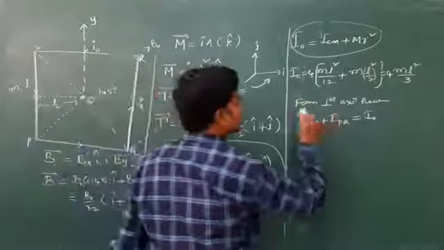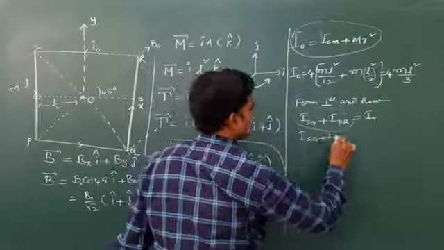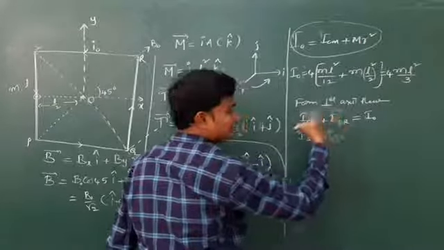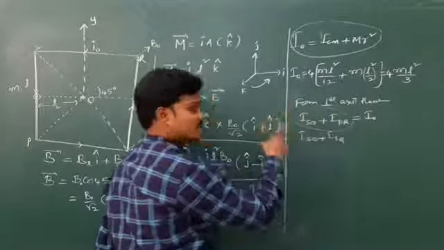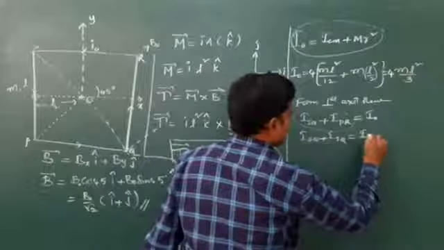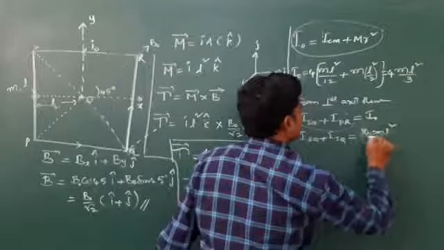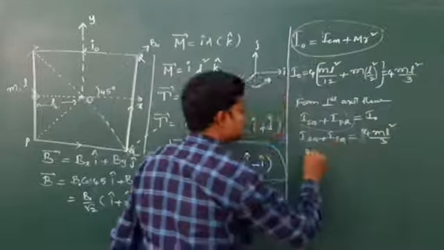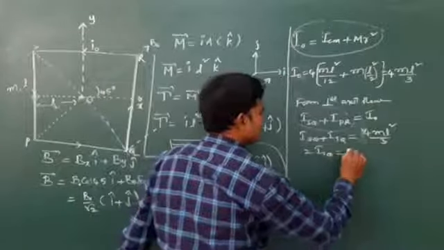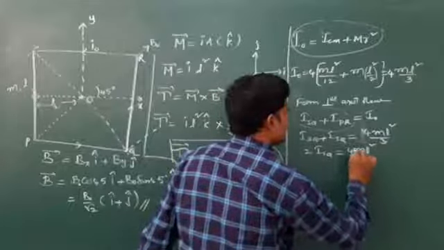Due to symmetry these two are the same, same length, same mass. So I about O, which we got as 4 m L square by 3, is 2 times I about SQ, equivalent to 4 m L square by 3.